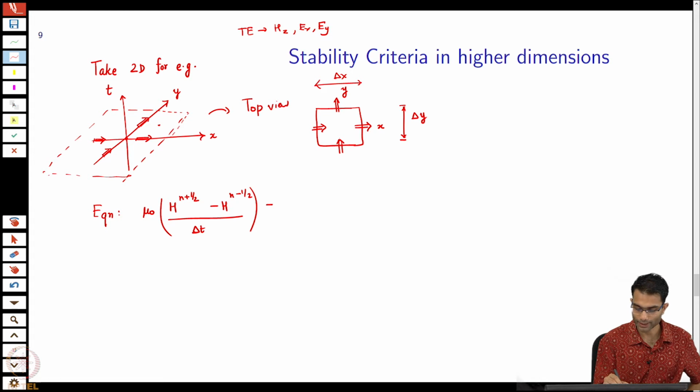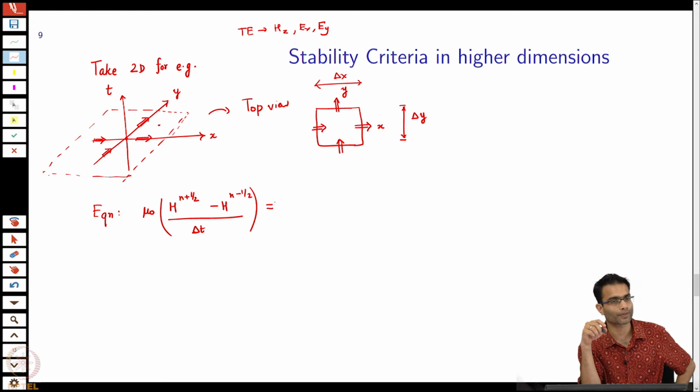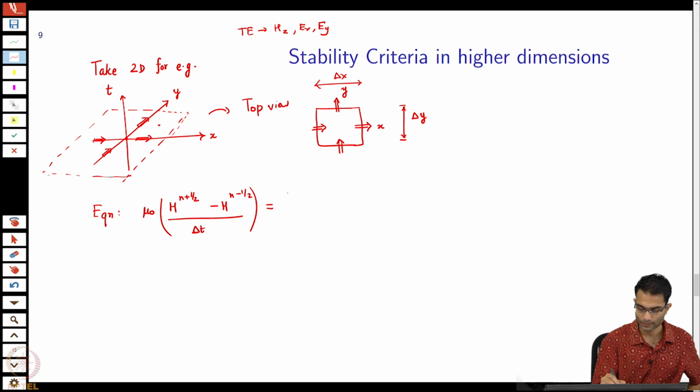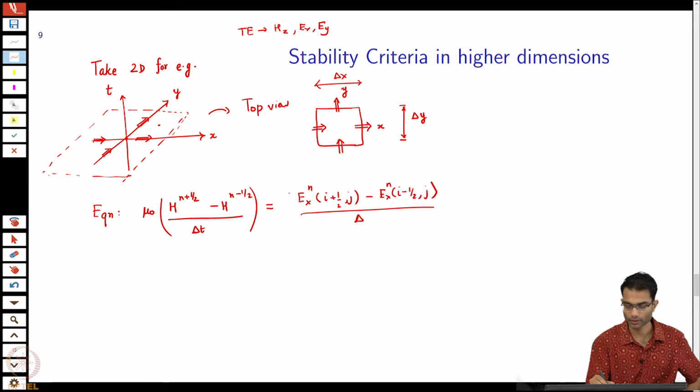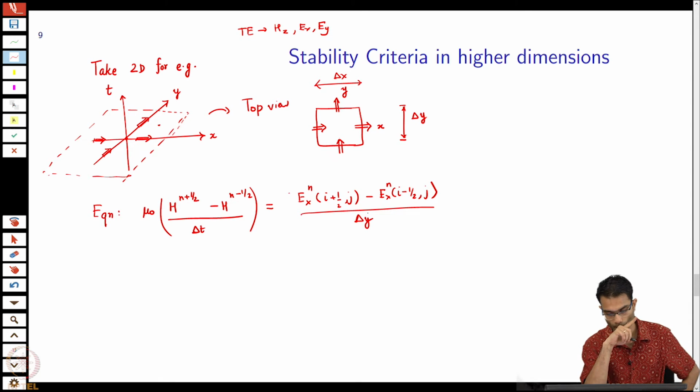Okay, and that is going to be equal to negative curl of E. So let's again write this down, Ex at n, i plus half j minus Ex n i minus half j. What should I divide this by? Delta y or delta x? Delta x.